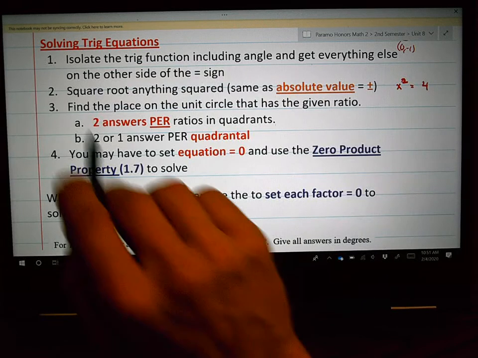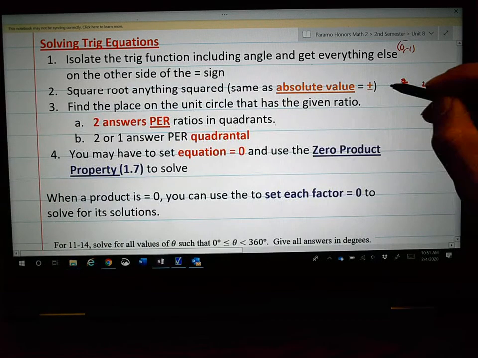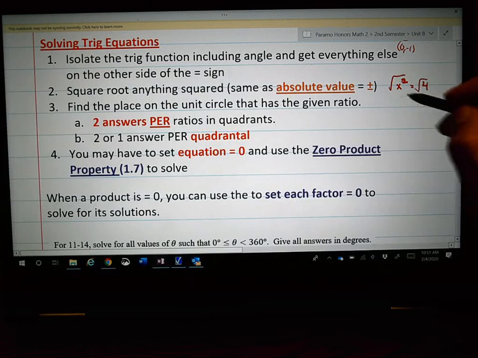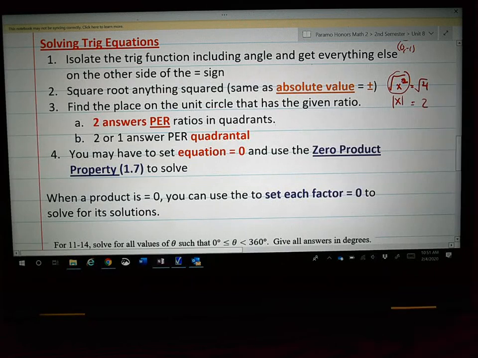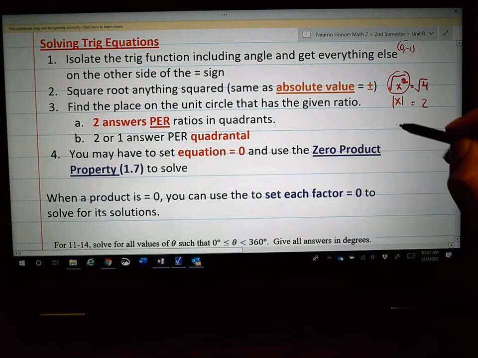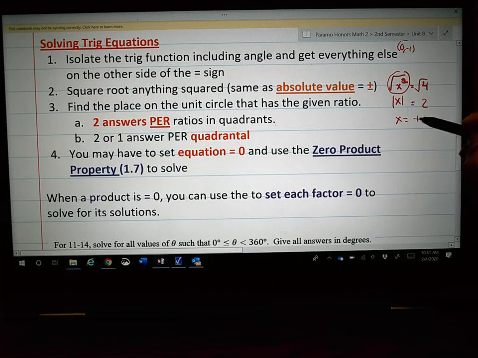So anytime you're square rooting anything, there are two possibilities for this, which is why you're going to see me do this on my work. I will turn the square root of x squared into the absolute value of x, so that you remember there's two possibilities, a positive distance from 0 and a negative distance from 0.